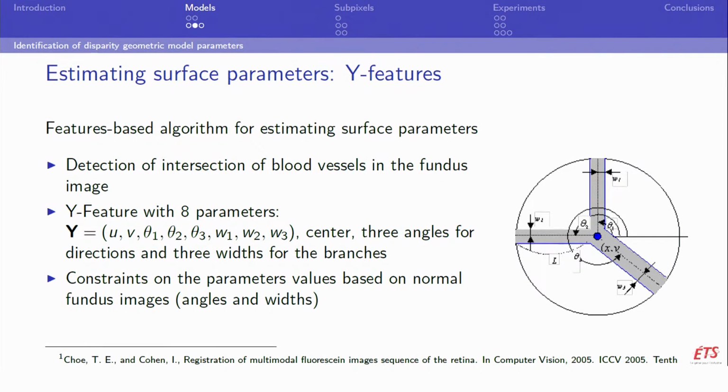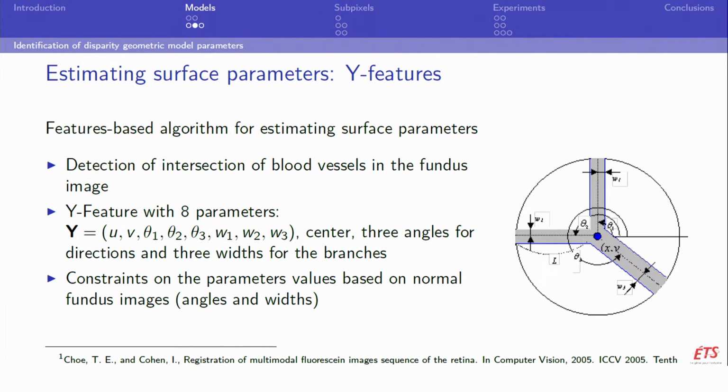And how we are doing that: we are using a feature-based approach in which we use the characteristics of the fundus image. There are many blood vessels inside the retinal fundus, and we use the intersection or bifurcation of these vessels as the feature points to estimate the parameters of this quadratic surface.